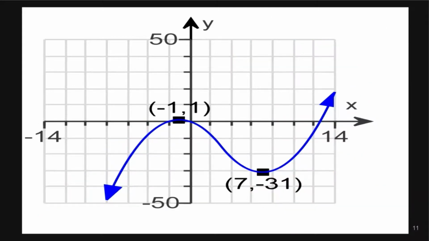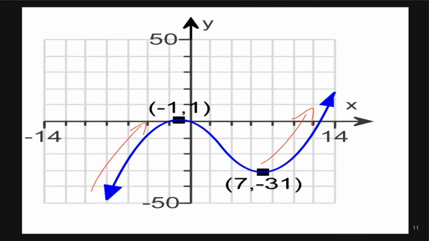So now we want to find increasing and decreasing. So increasing seems like there's one here and one here. So it's 2 places that are increasing.